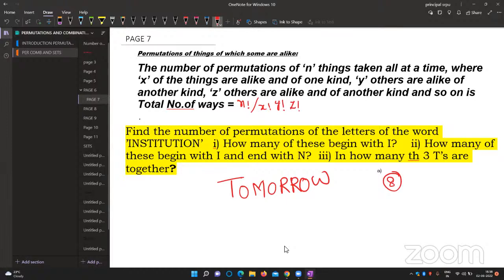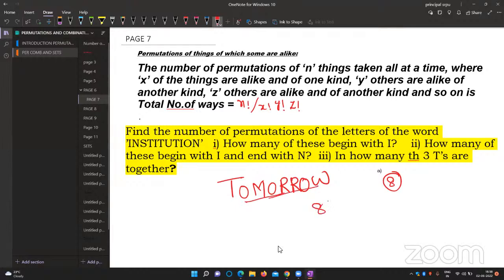Sometimes this is a very important question: what is the rank of the word tomorrow in the English dictionary? Whenever such things come, just remember it.